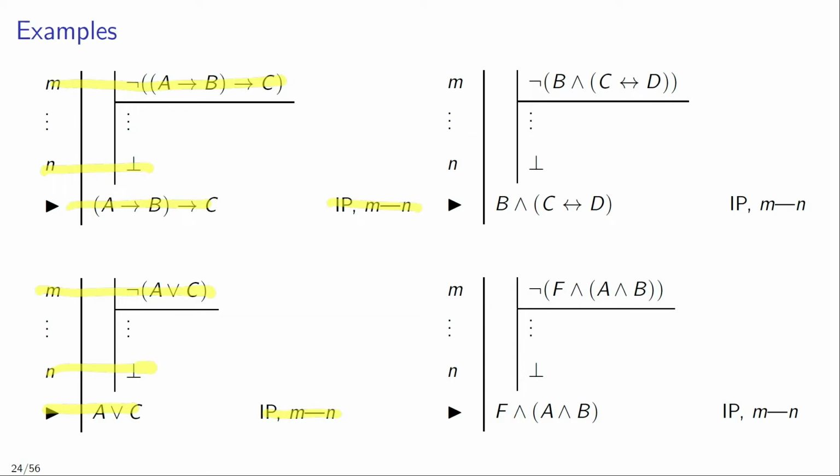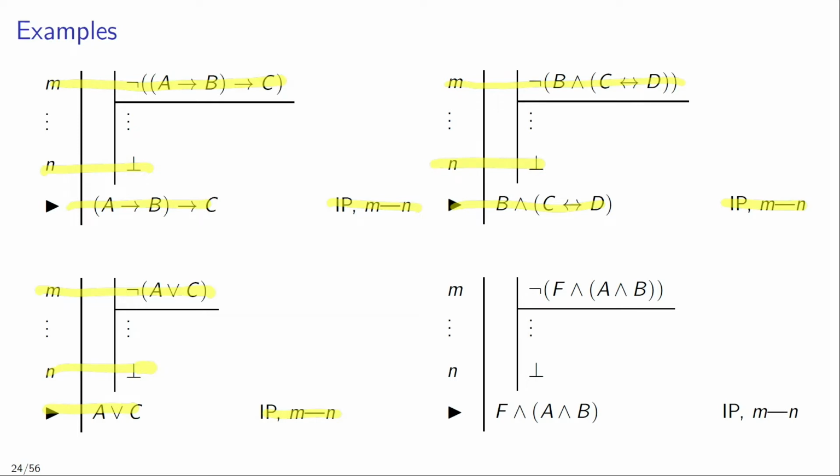Furthermore, now let's look at the top right corner. If the supposition that it is not the case that B and C, if and only if D, leads to a contradiction, you can infer that B and C, if and only if D, and justify this by citing indirect proof as applied to the subproof.